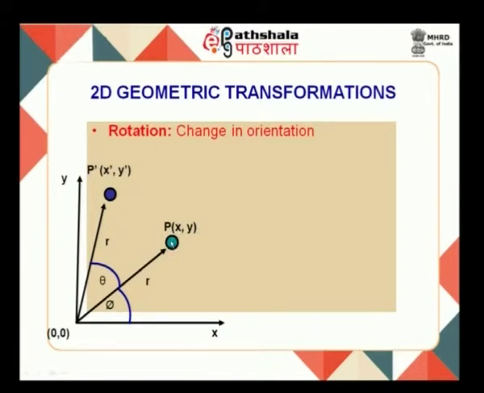Now, this point p x comma y has to be rotated about the origin, so that it has now moved to another position, say p dashed, x dashed, y dashed. So, our aim is to now find out what the coordinates x dashed and y dashed are in terms of x, y and some other parameters, and let us see the other parameters in this scenario.